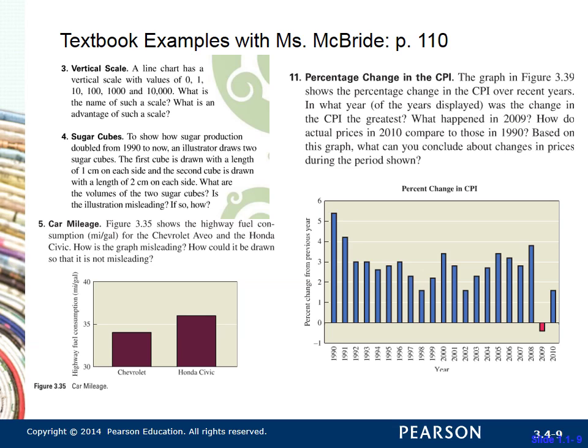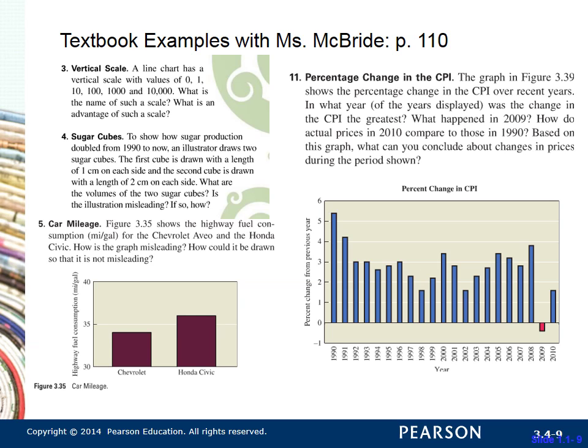So the volume of that one will be 2 times 2 times 2, which is 8. So the volume is 8 times, even though really it only doubled if he was trying to show the length of 1 to 2 centimeters. But because a sugar cube is a cube, he went with that shape. So it's really twice as big, but it would look like it was 8 times as big if you did the volumes.